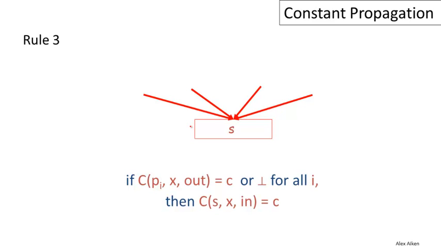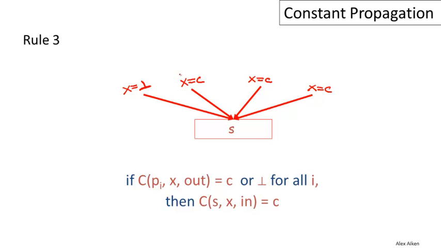Another possibility is that the predecessors all agree on what the value of x could be. So let's say that we have a predecessor here, and that after it executes, x is known to be the constant c, and x is known to be the constant c after this predecessor, and after this predecessor. There's one other possibility. Let's say that after this predecessor over here, all we know is that x is bottom.